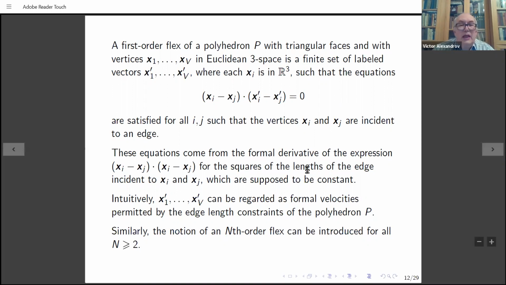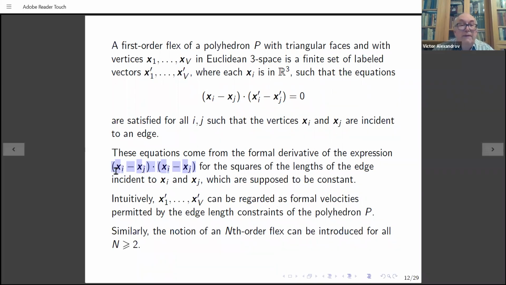These equations come from the formal derivative of the expression, you can see it here, for the squares of the lengths of the edge incident to xi and xj, which are supposed to be constant. The edge lengths are supposed to be constant.